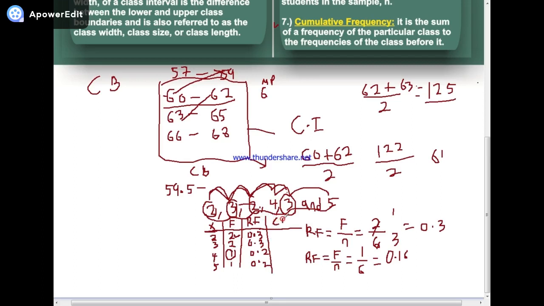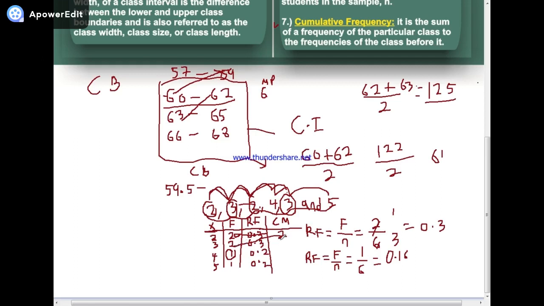If you want to look for your cumulative frequency, the first number under the frequency here is 2. So you write that one out first. You now add this number to the next frequency, which is 2. So 2 plus this 2 will give you 4.